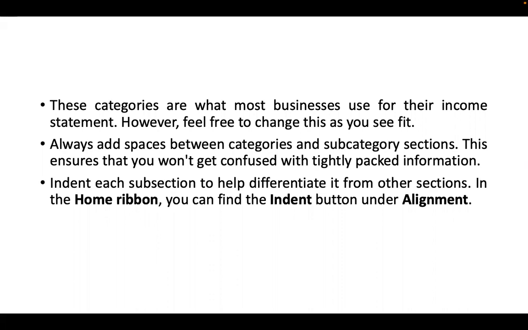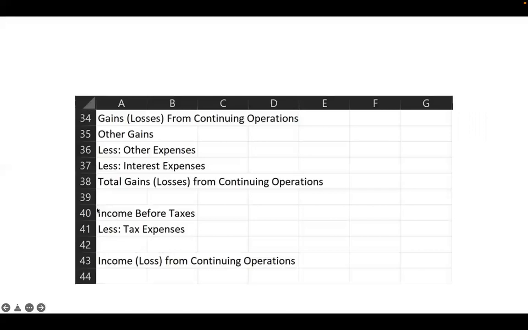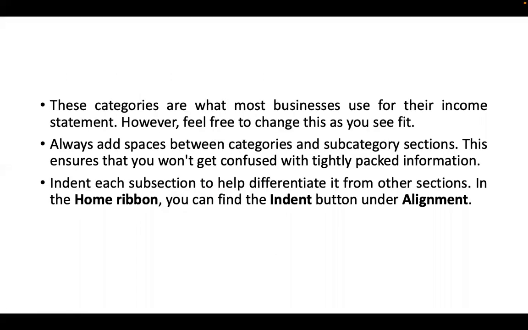Always add spaces between categories and subcategory sections. This ensures that you won't get confused with tightly packed information. If you can see this part, they are always skipping a cell so that this does not become very tightly packed information.